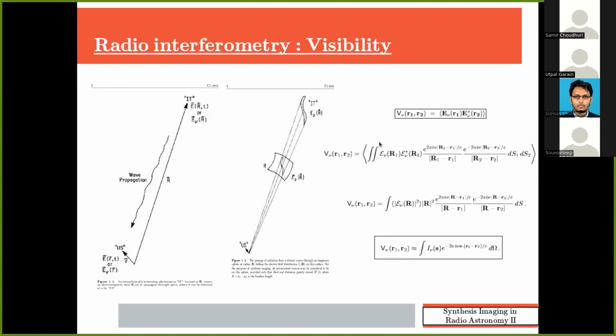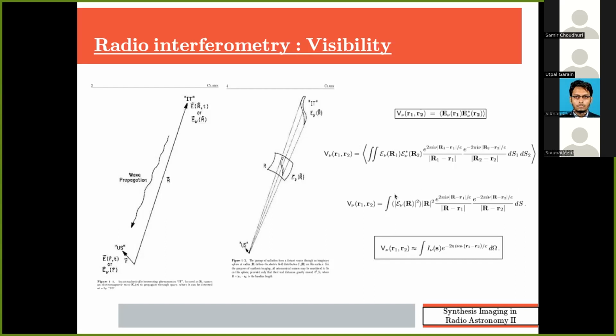Now there is another assumption, that we are assuming the electric fields we are observing are spatially incoherent. So again, this is correlated only if R1 is equal to R2. So we can use a delta function over here and do one integral to show the visibility is given by this equation.